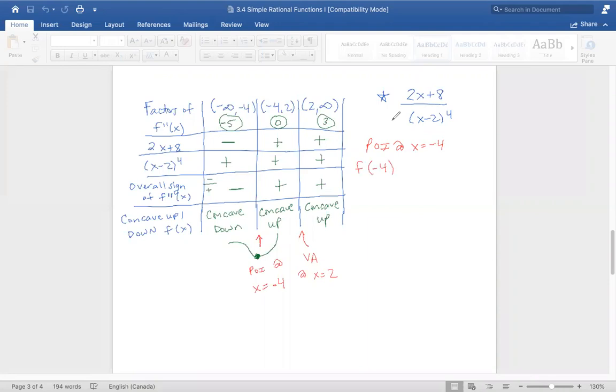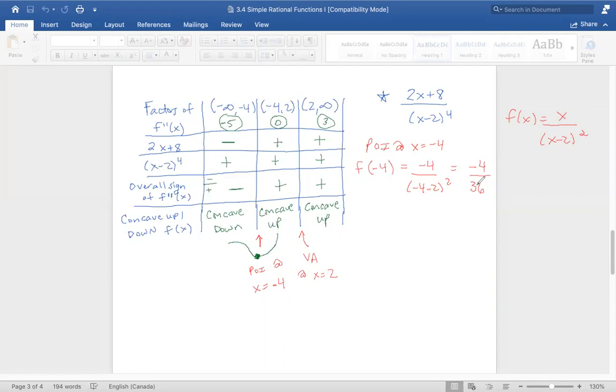So again, you might want to write the original out here somewhere. Where's my original? Over here, f of x equals x over x minus 2, and that one is squared. So f at -4 is a -4 on top over a -4 minus 2 squared on the bottom, would be -4 over -6 times -6.